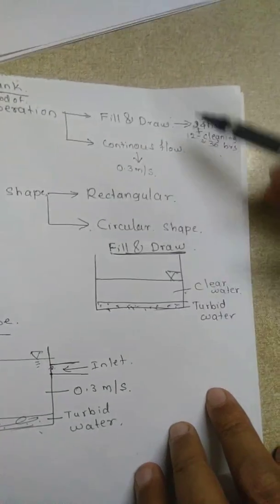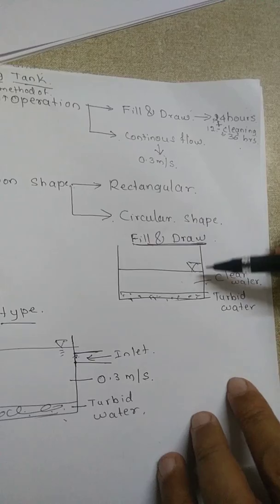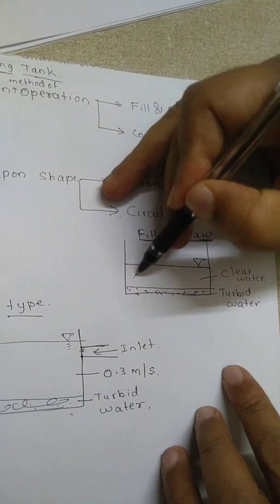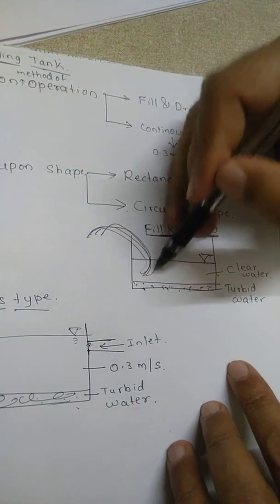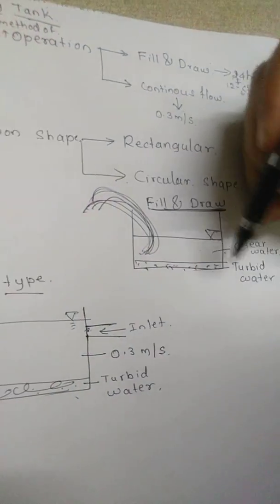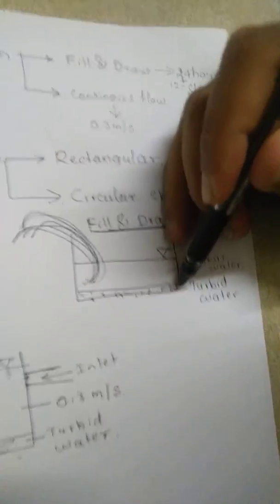Till now this was the filling process and the settling process. After this, we are going to take this water out. Now we have done drawing, right? After drawing, the turbid water with some amount of settled particles, we need to clean it.